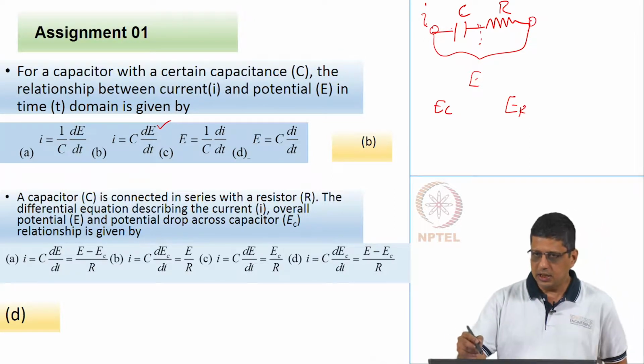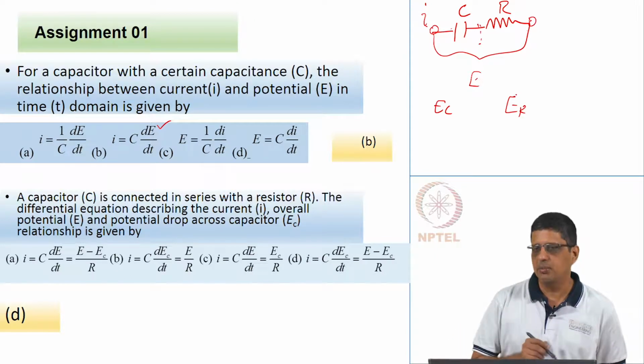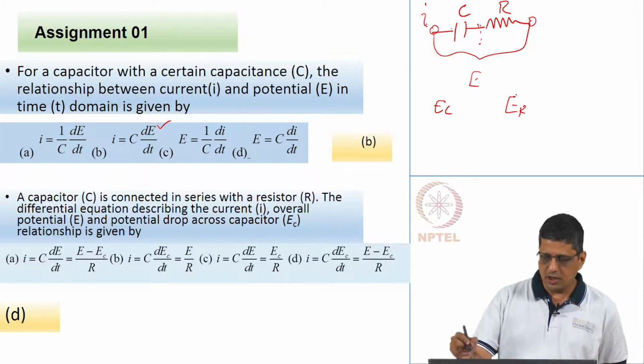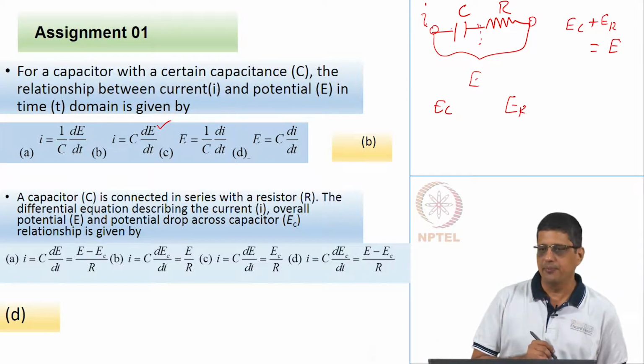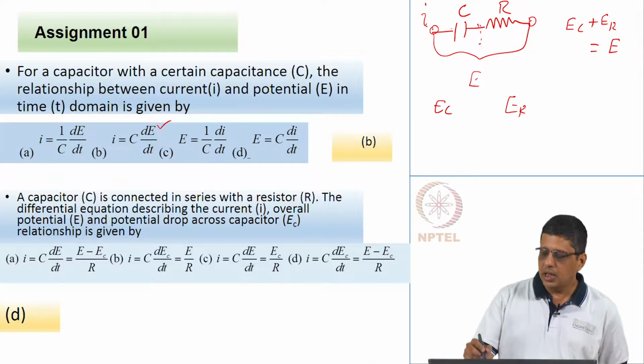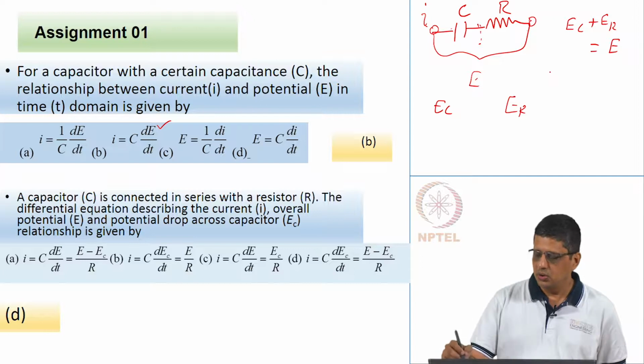Now, what is the relationship between the current and the capacitance and the resistance and the potential drop across these elements? The total potential drop is EC plus ER, and that is going to be the total potential that we apply. The current through the capacitor is going to be the same as the current through the resistor. So, we can write IC equal to IR.